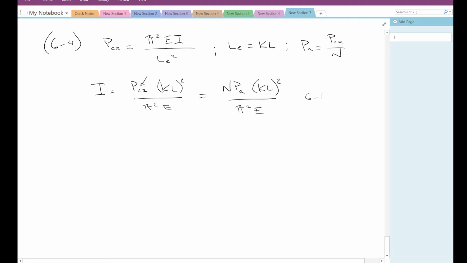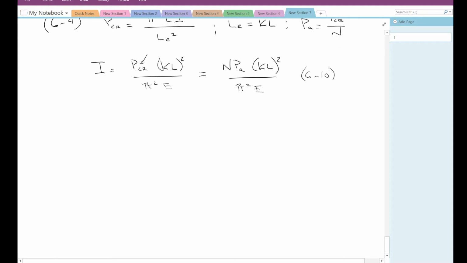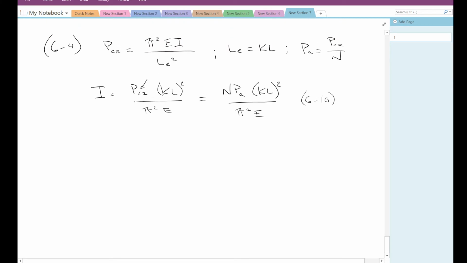And this is equation 6-10 in our text. All right. So now what we can do is we can say that we know all of these conditions on the right-hand side. So I'll use maybe a blue.